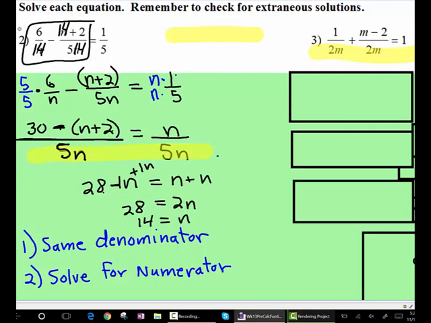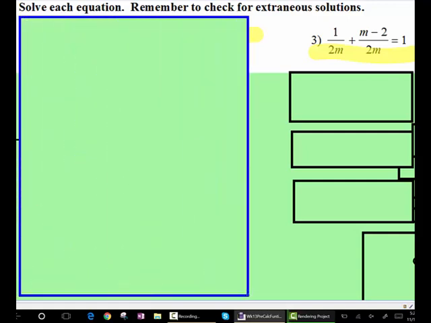All right, I'm going to cover up this side so we're not distracted by it. Well, notice this one's pretty easy. This is the only one that doesn't share the same denominator. So I'm going to put that invisible 1 underneath, and then we're going to multiply top and bottom by 2m.